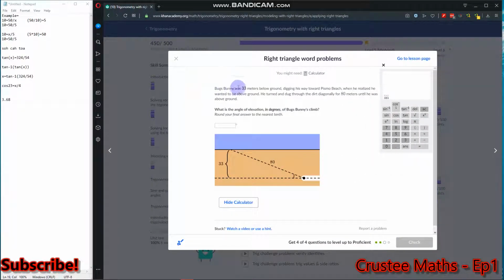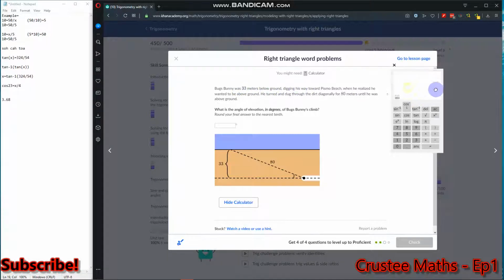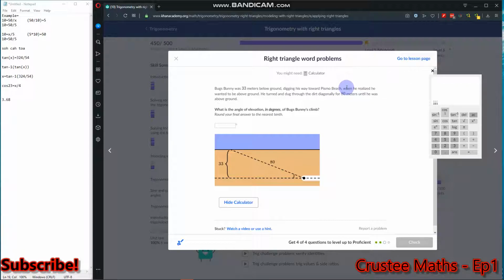Okay, so Bugs Bunny, from Looney Tunes obviously, was 33 meters below ground, digging his way toward Pismo Beach, when he realized he wanted to be above ground. Well, you obviously want to be above ground. He turned and dug through the dirt diagonally for 80 meters, until he was above ground.